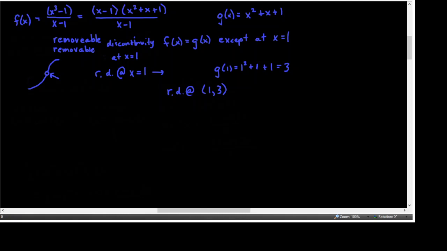If this is one function and that's the other, they look the same except this one has a dot there. Say this is c and that's L. They have the same limit, L, if there's a removable discontinuity there.